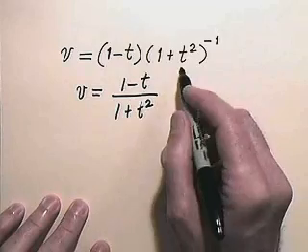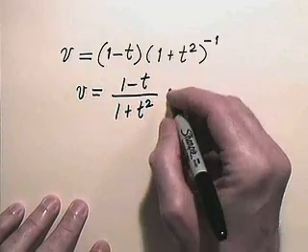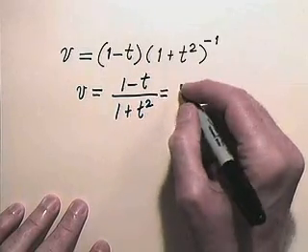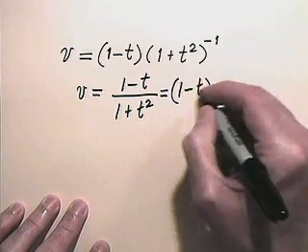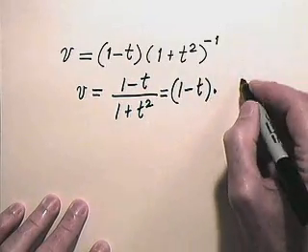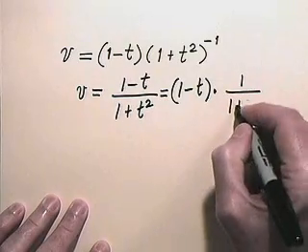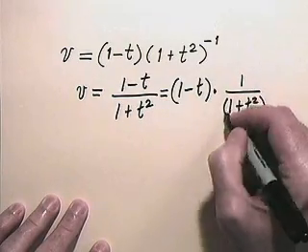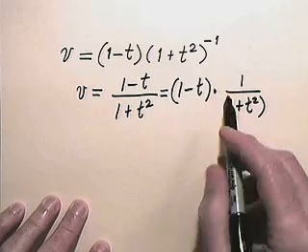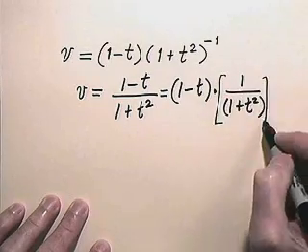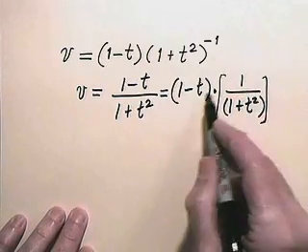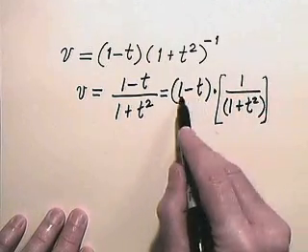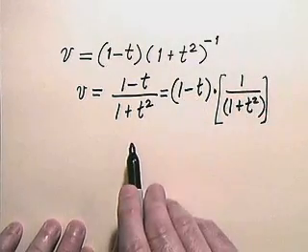Now, I can look at this as a product, but when I do, I would look at it this way: 1 minus t multiplied by 1 over 1 plus t squared. So now my second factor, you see, is a quotient where the numerator is just 1. The first factor is easy to differentiate.